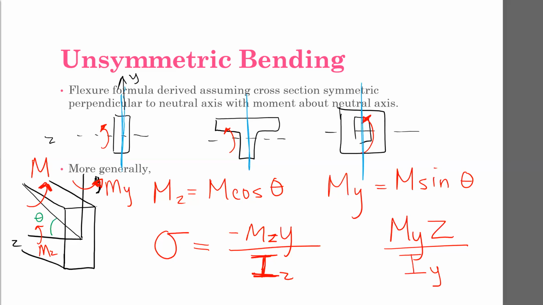Okay, so let's take the case of a positive moment about y. That would be the way that I've shown that arrow about the vertical axis. And let's take a positive z. So positive z would put me somewhere over here. Do I want a positive moment to create a positive stress here or a negative stress here?